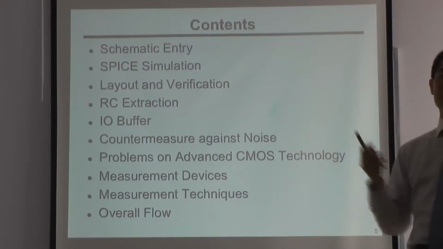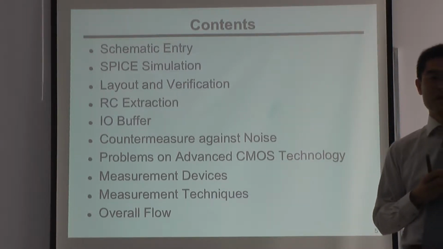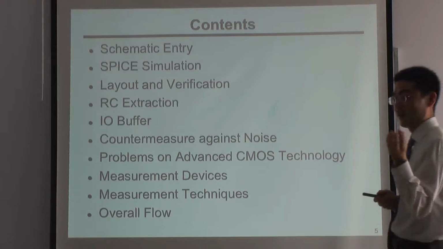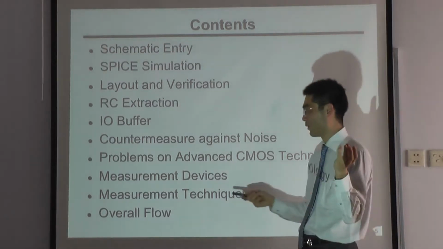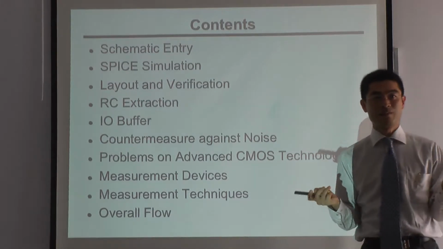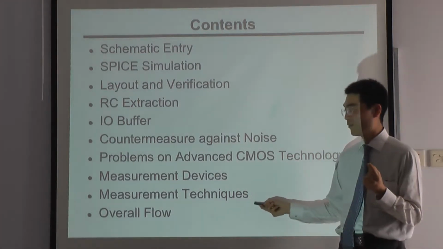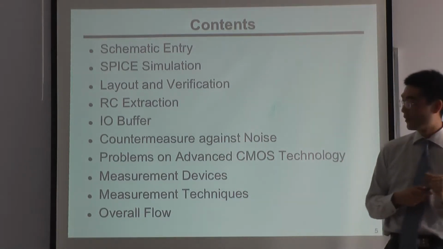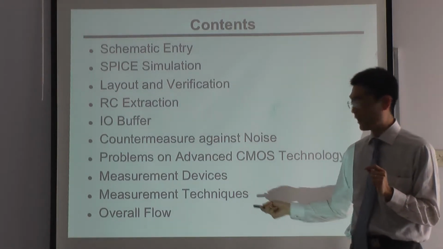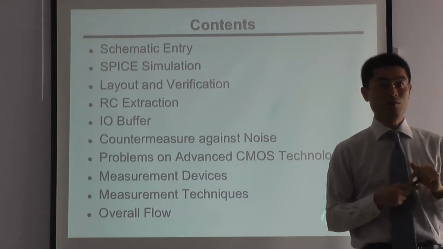But once you have real LSI chips, you have to measure them. And there are many techniques for measurement. So first I'm talking about what kind of devices we have and what they are for. And also there are many measurement techniques. And at the end, I'm summarizing the overall flow of those steps.